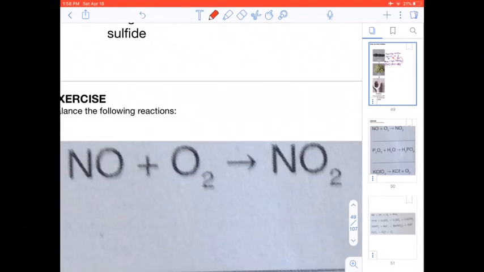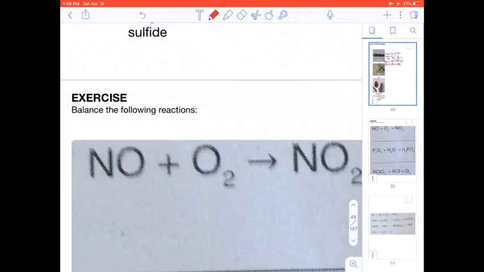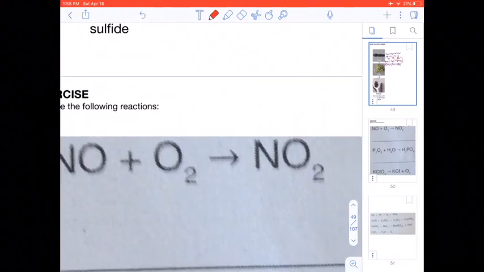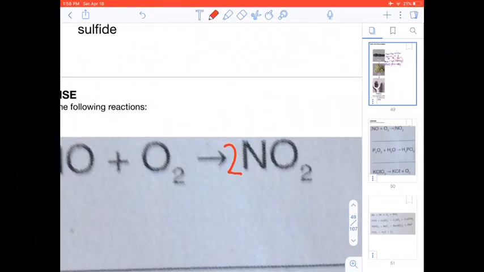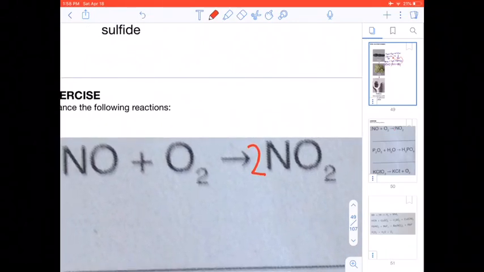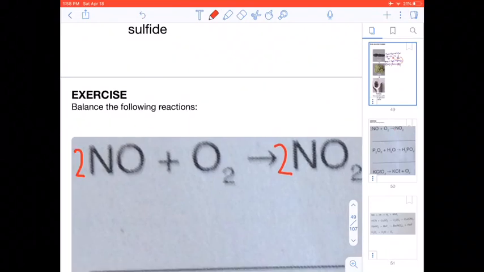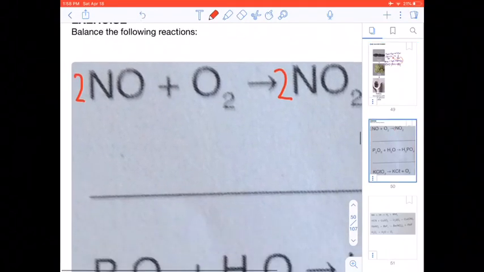So there's NO plus O2, and that gives us NO2. We have 2 oxygens on the left and 3 on the right, so we need to balance the oxygens. By inspection, I put 2 there and 2 there, which means 2 nitrogens on the left, 2 on the right, and 4 oxygens on the right and 4 oxygens on the left.